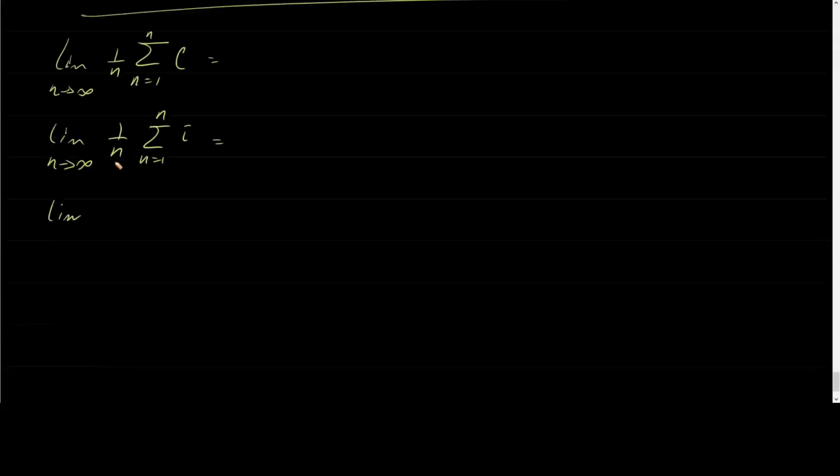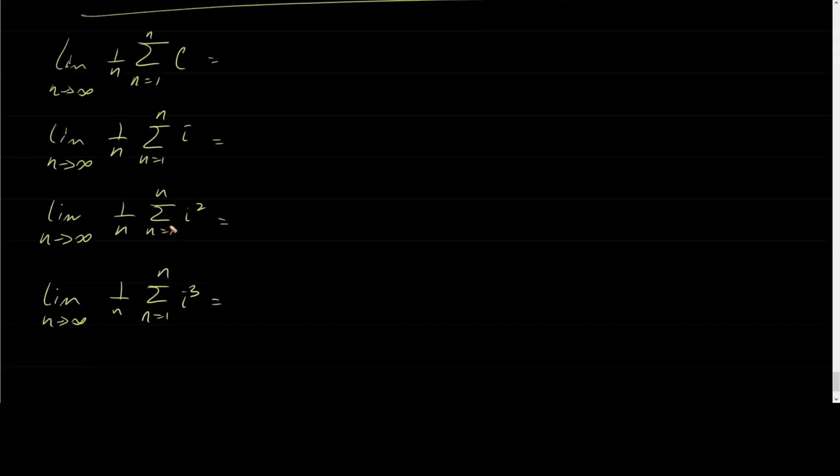But notice I'm multiplying by 1 over n here, so these are slightly different from what we had in all the other ones. From i squared, and lastly, for i cubed. Well, in here, we already know what the summation from 1 to n becomes.